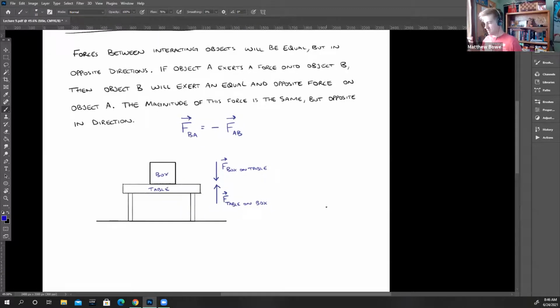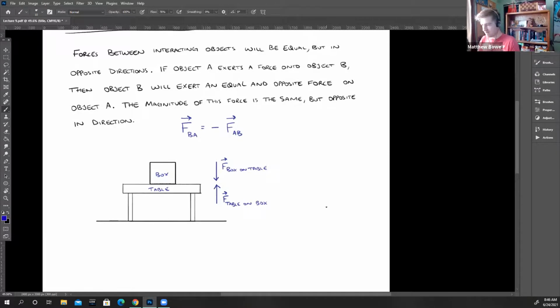Okay, so there's always this equal and opposite force. If I was to push something, why is there ever anything moving though? Say I wanted to slide a box on the ground.